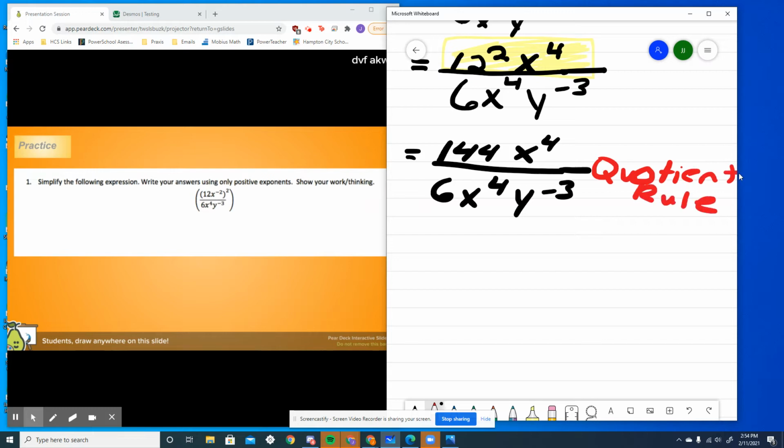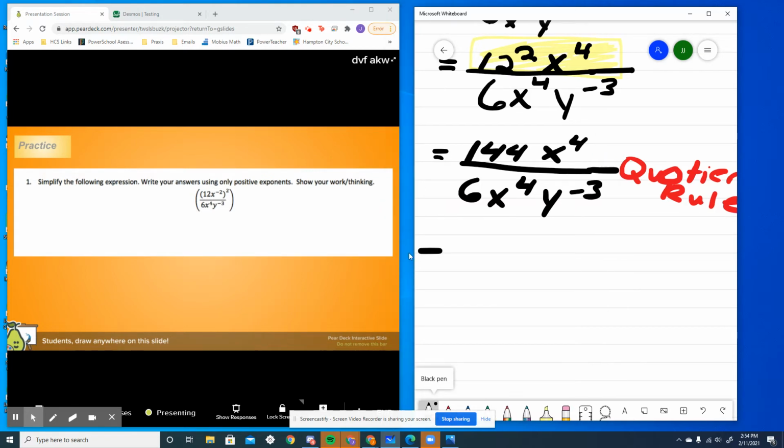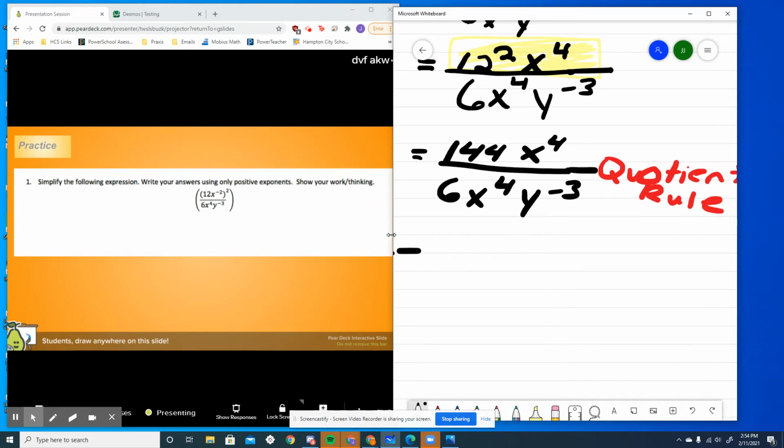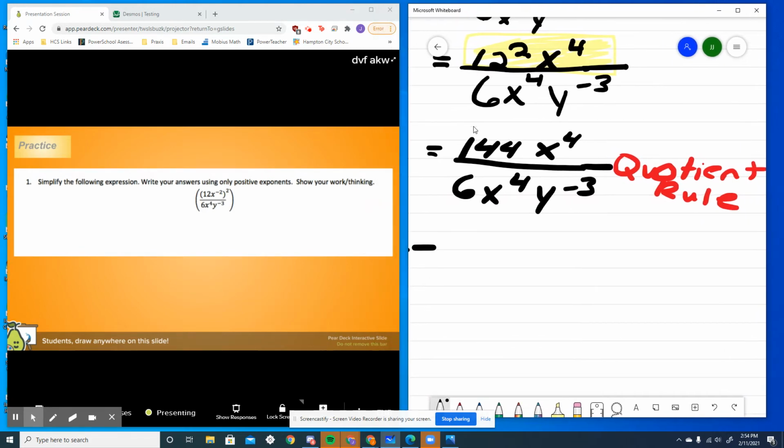So now I want to go ahead and use the quotient rule. Now I'm using this quotient rule. I know I need to divide my coefficients, which is 144 all over 6.